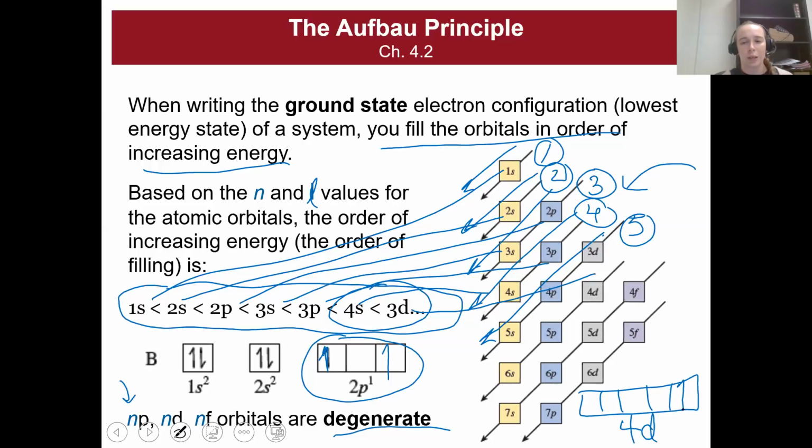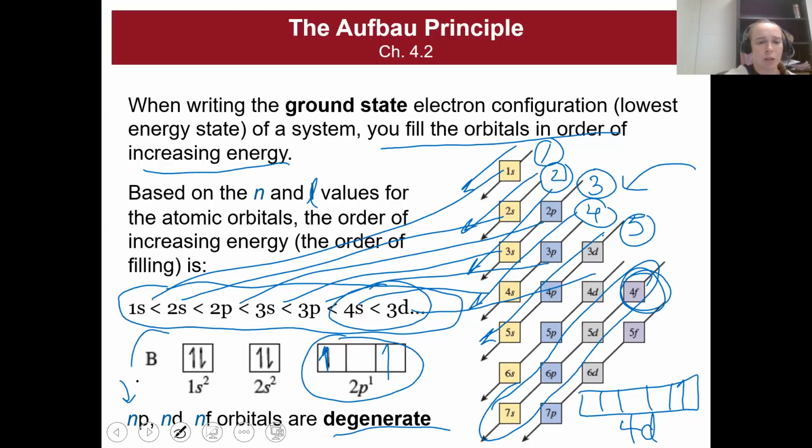They're all equal in energy. So that's why they don't have different designations over here on this diagram that teaches us about filling the orbitals. They're just boxes that correspond to all of the p orbitals, all of the d orbitals, all of the f orbitals, like 4f. There's 7 different orbitals in there, but they're just drawn as this one little box.